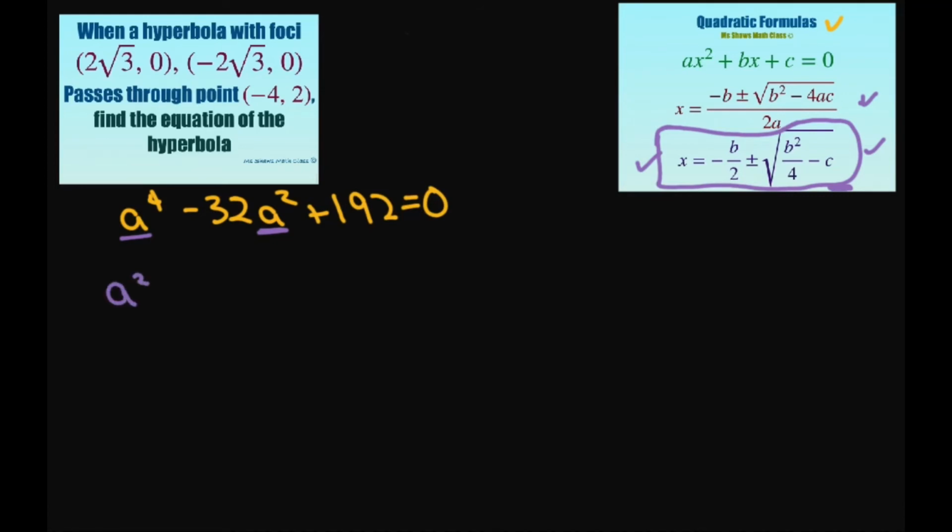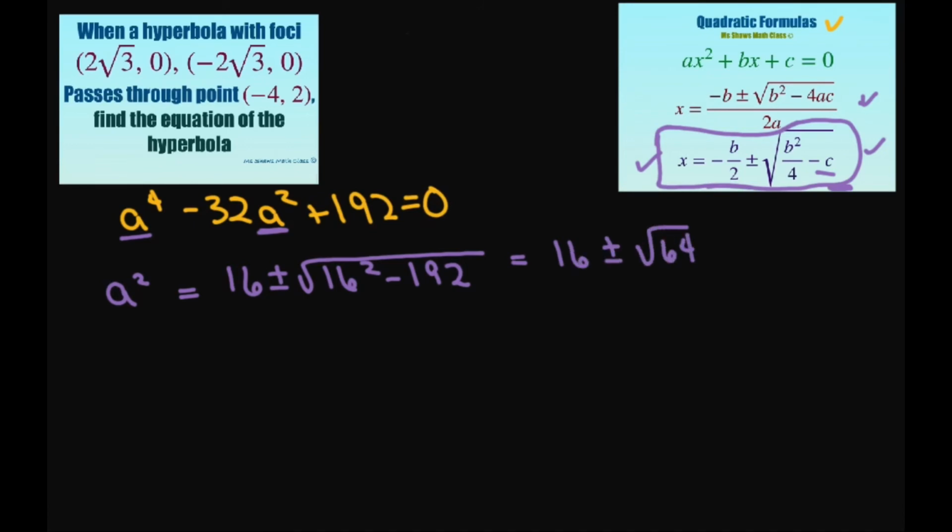So a squared equals, using this formula, 16 plus or minus the square root of 16 squared minus 192. This equals 16 plus or minus the square root of 64, which equals 16 plus or minus 8. That means we have a squared equals 24 when we do the plus, or a squared equals 8.